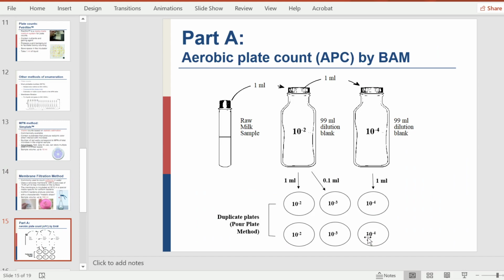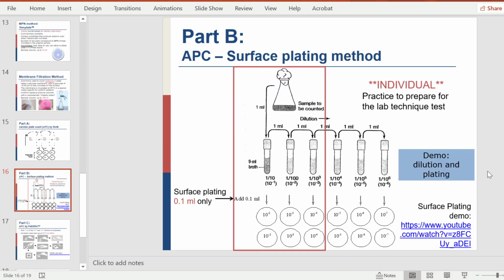So for our aerobic plate count, APC by BAM, as I was saying, you're going to be doing your dilution, and then from there, you'd be creating duplicate plates. So you have a 10 to the negative 2, 10 to the negative 3, 10 to the negative 4. You're going to have 2 of each one of those dilutions. Okay, so just make sure you understand this concept. Unfortunately, we're not going to be doing that. So for part B, this is a surface plating method.